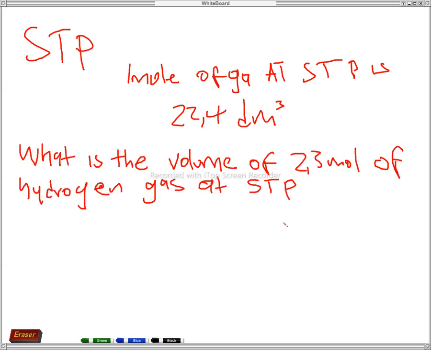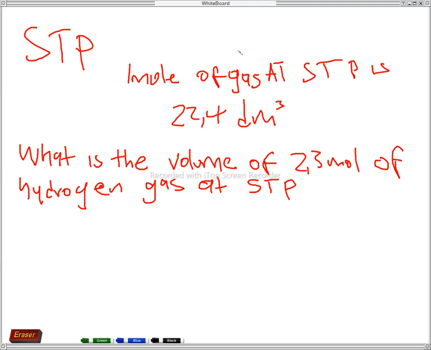There we go. The question says, what is the volume of 2.3 moles of hydrogen gas at STP? So we know that 1 mole of a gas at STP is equal to 22.4 decimeter cube.